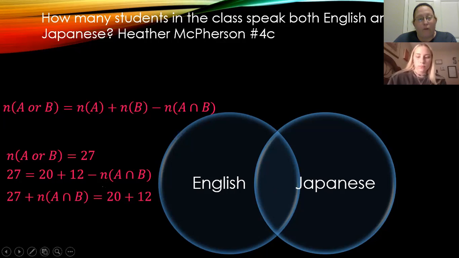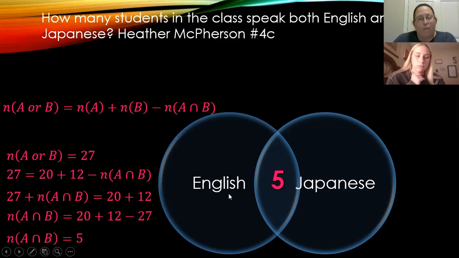What we're looking for is which ones speak both. So you're going to move this part of the equation to the left side, and you'll have 27 plus n(A and B) equals 20 plus 12. But you want this part by itself, so you will subtract 27 from both sides. And what you get is that 5 students speak both English and Japanese.